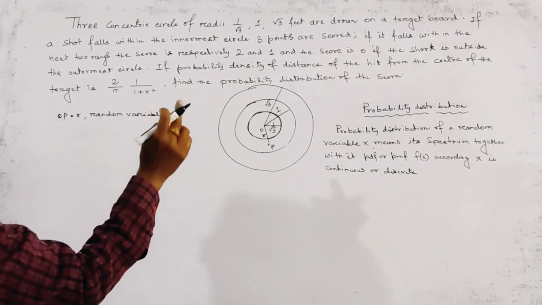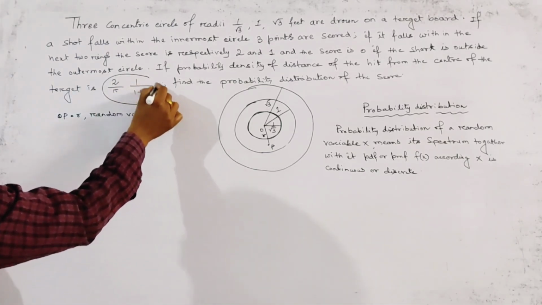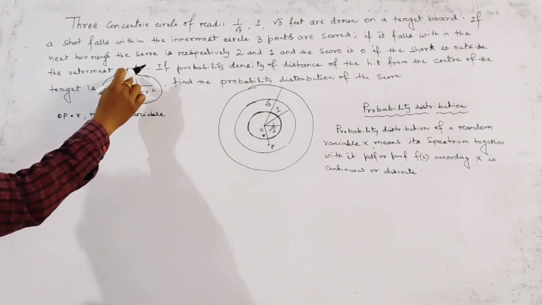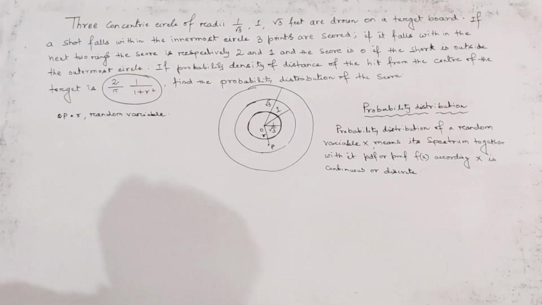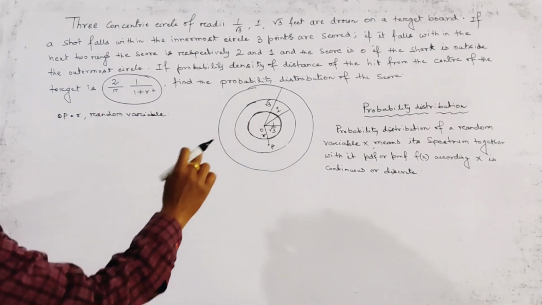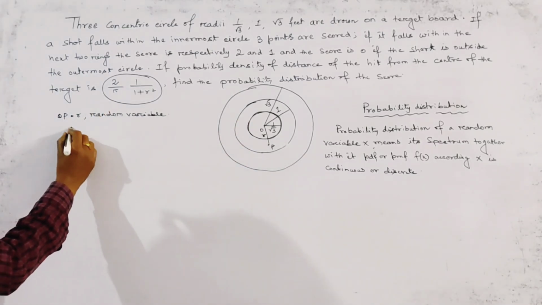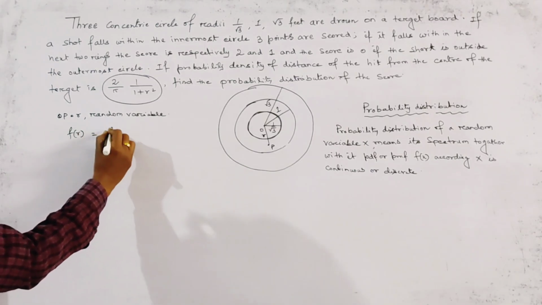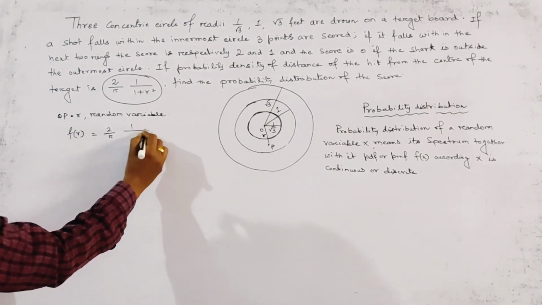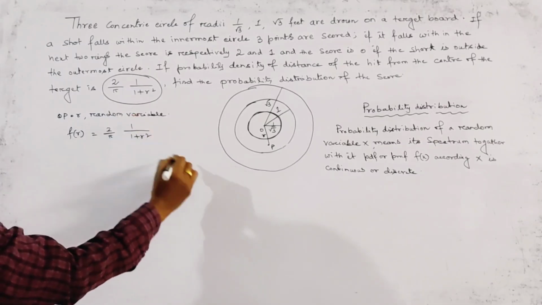And given that the distribution of this R is given by 2 by pi into 1 by 1 plus r square, and clearly this distance is continuous, and we write this is f of r, this is the PDF, given by 2 by pi into 1 by 1 plus r square.